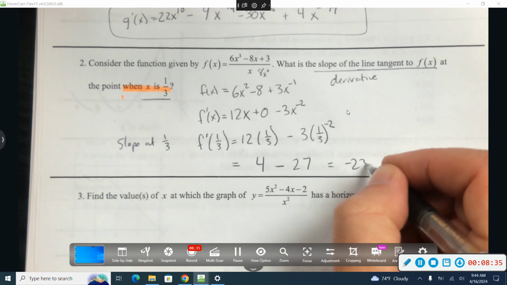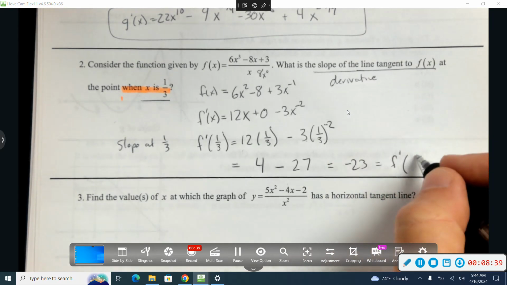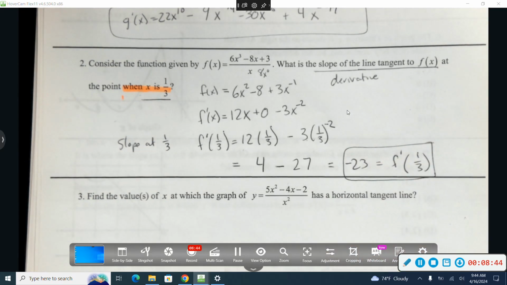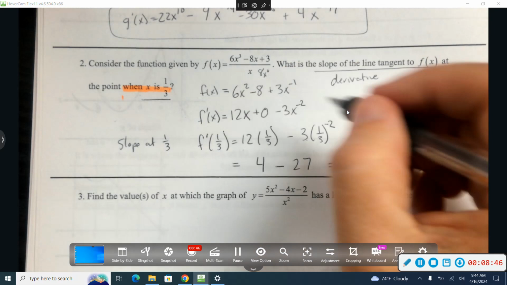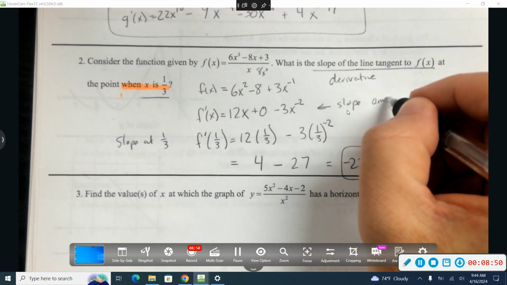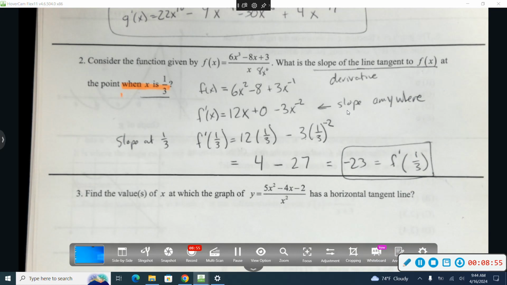So negative 23. So that means the slope at 1/3 is negative 23. So we found the slope anywhere first, and then we plugged in 1/3 to find the slope at 1/3.